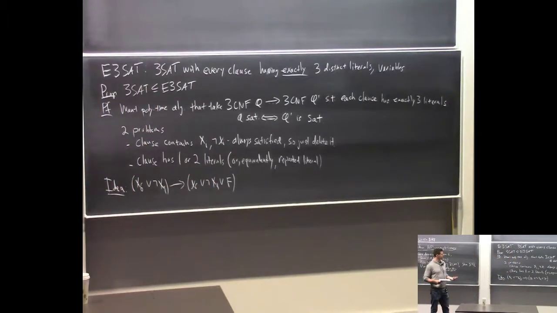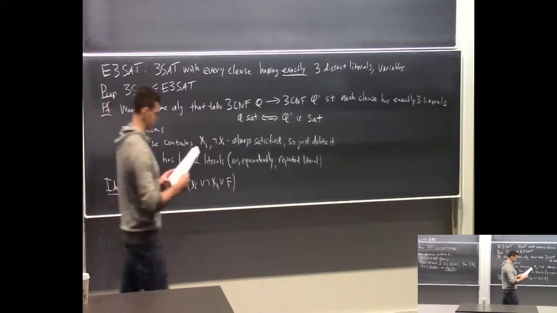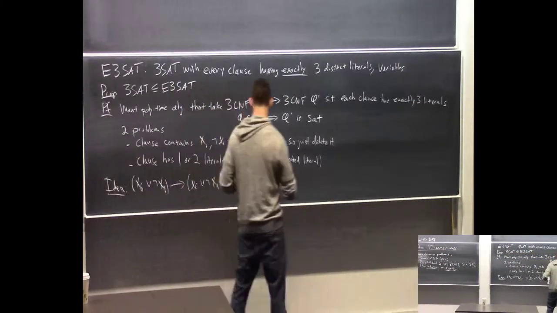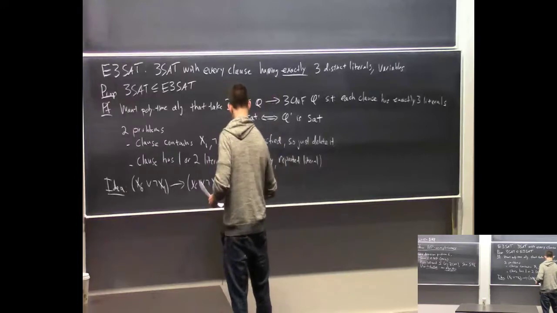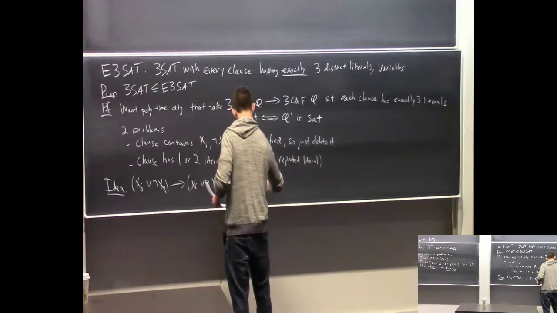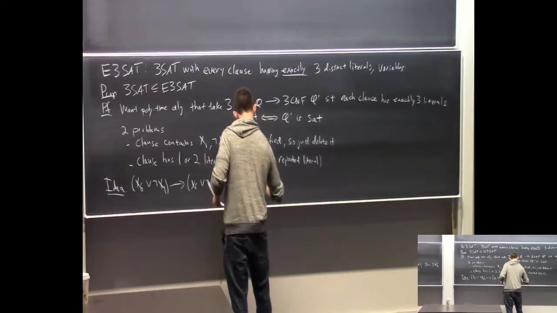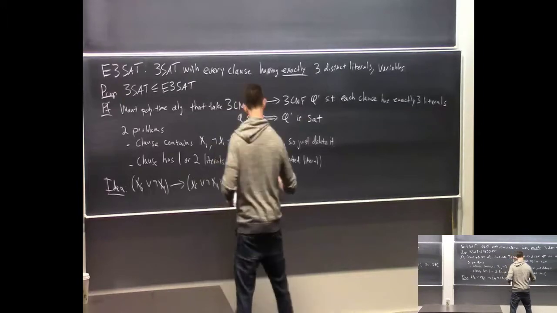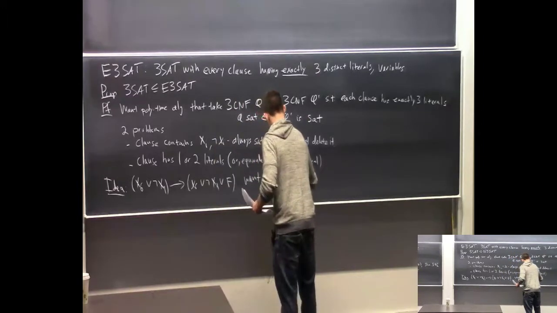But we can't just throw in false and true in there. We actually need to throw in a real literal. So what we kind of want to do is to have a variable that's always false.